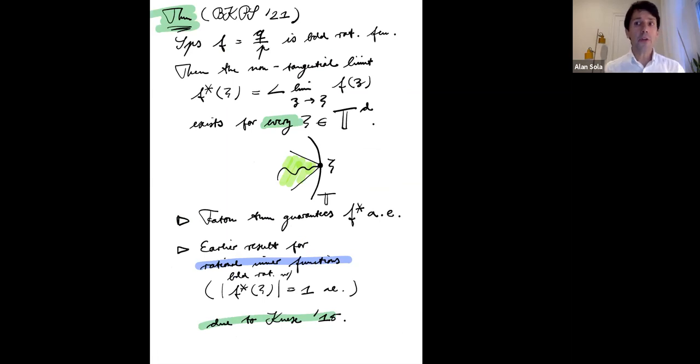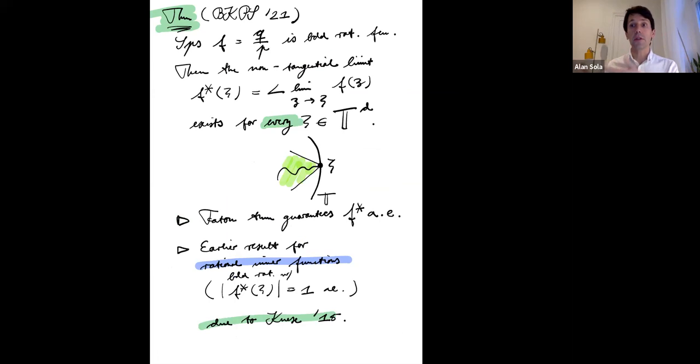So let me start off by telling you about a sample theorem from our paper. And it is this. If q divided by p is a bounded rational function in the polydisk D^d, then the non-tangential limit of f exists at every point of T^d.